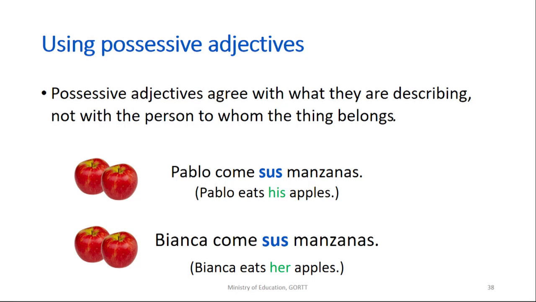Now, if we are describing more than one thing, as in the first example, Pablo come sus manzanas. Pablo eats his apples. Here, he's eating more than one apple. In this case, it's a plural noun. Therefore, we use sus. Also, if Bianca eats her apples, we say Bianca come sus manzanas.